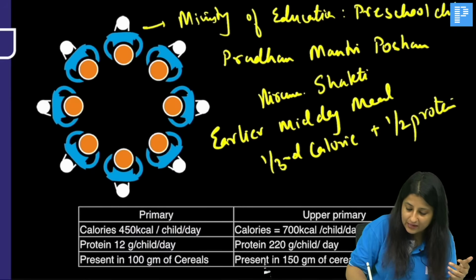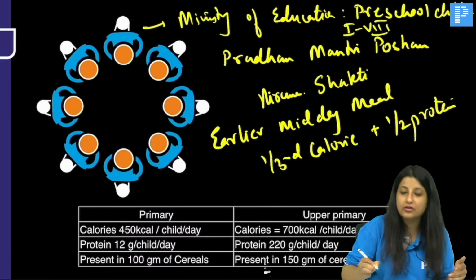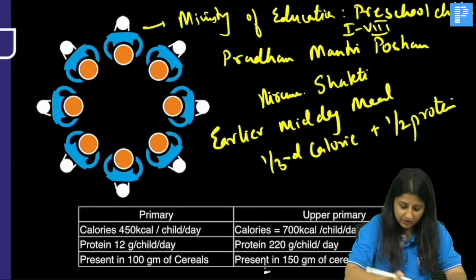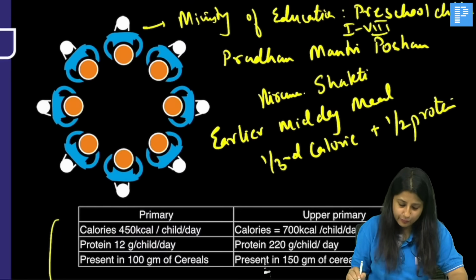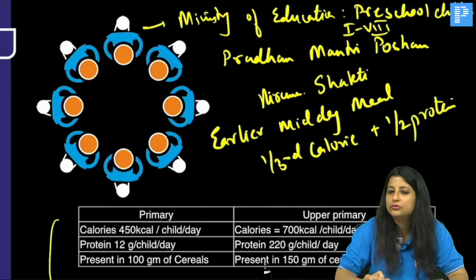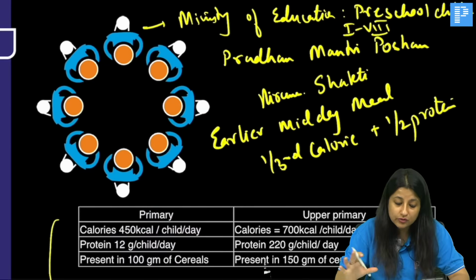Now we have Bal Vatikas, preschool children, and class 1 to class 8 children as well. Primary and upper primary: primary children 450 kilocalories, upper primary 700 kilocalories, protein 12 gram, यहाँ पे 20. So this you can just go through later, but you must know the name.